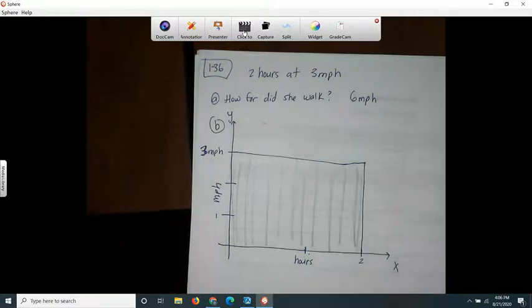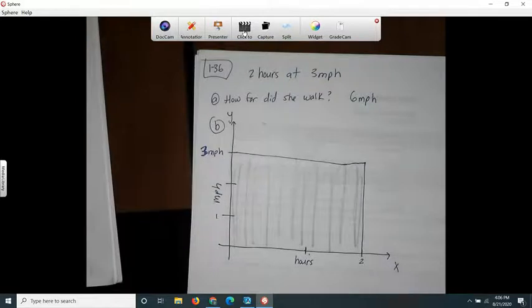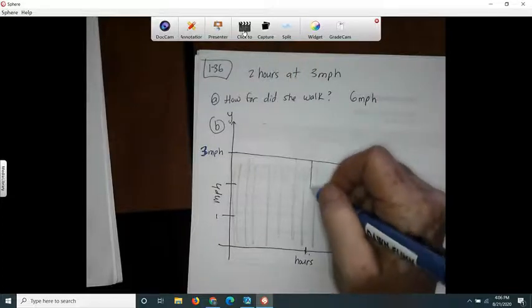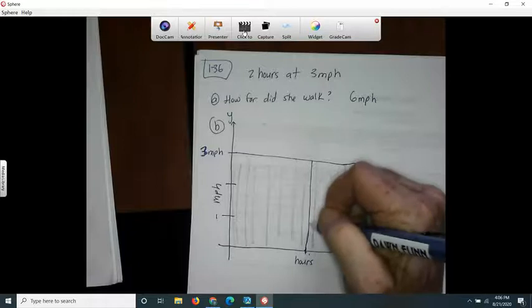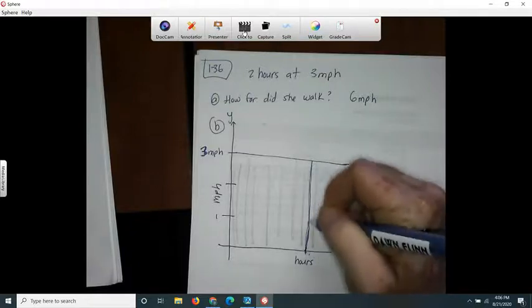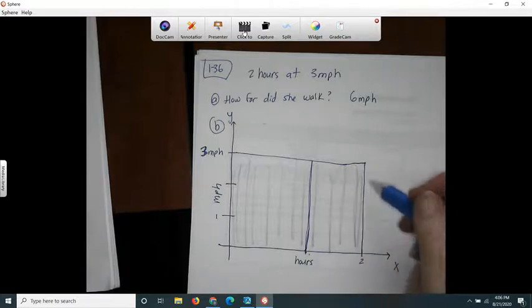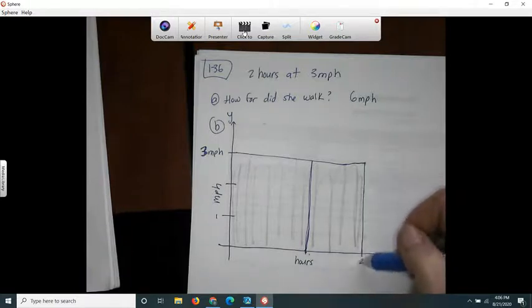There. Now on letter C, it says divide my rectangle into 6 smaller rectangles by drawing vertical lines at the 1 hour and 2 hour marks. So this is my 1 hour mark, which is skewed off to the side for no apparent reason except that I didn't judge my space very well. And then here's my vertical line at 2 hours.